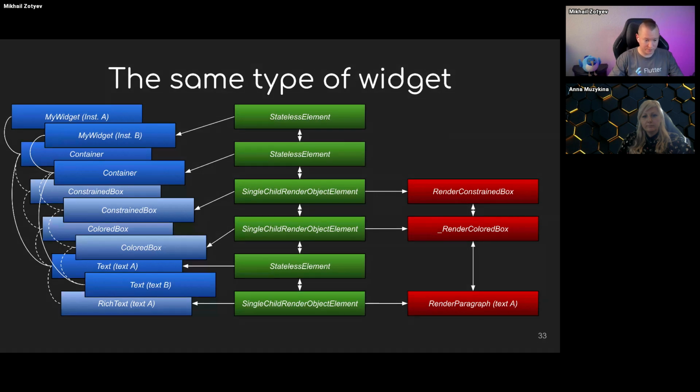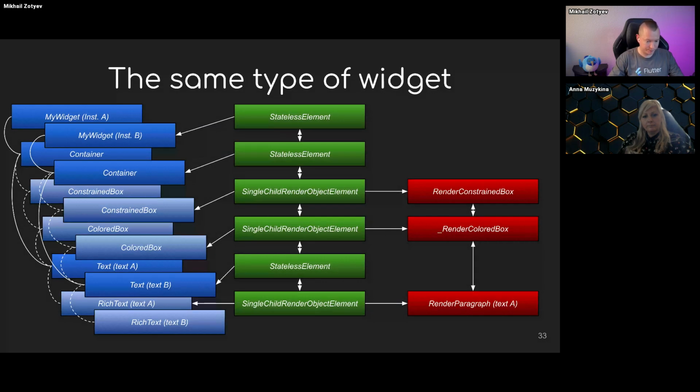And the next thing is Text, also another instance, with even another text, for example, text B, apart from the previous text A. The type of widget is the same, Text, so it will be updated. Because of this, it will ask to build the subtree, and in this case it will be RichText with the other text B. So the single child render object element at the bottom will check, is it possible to update?